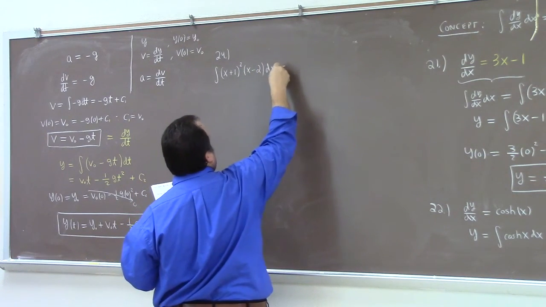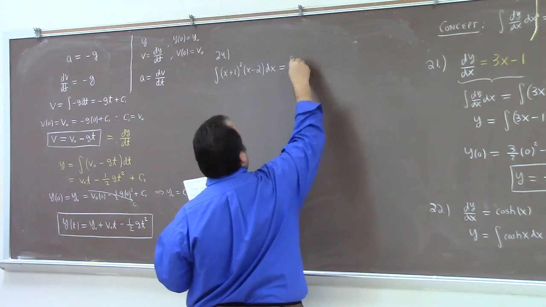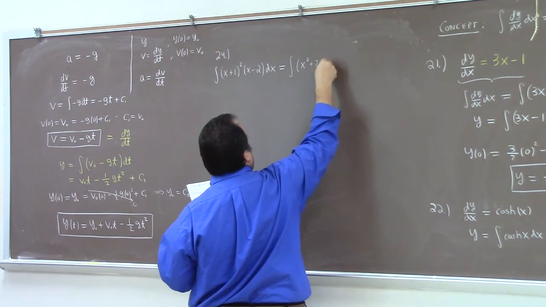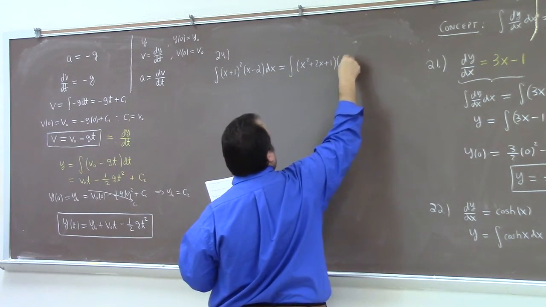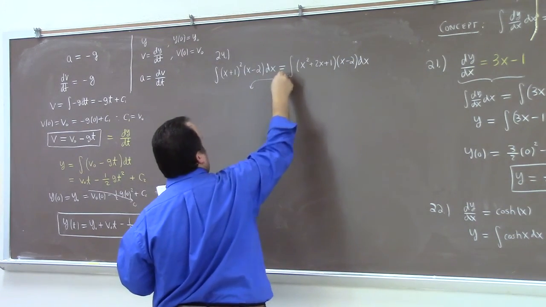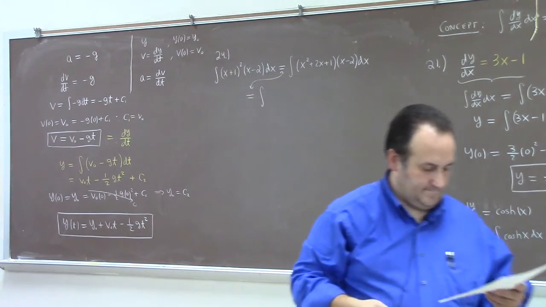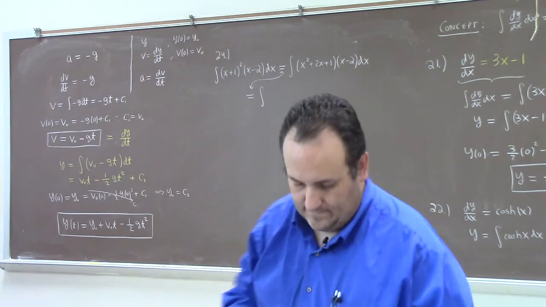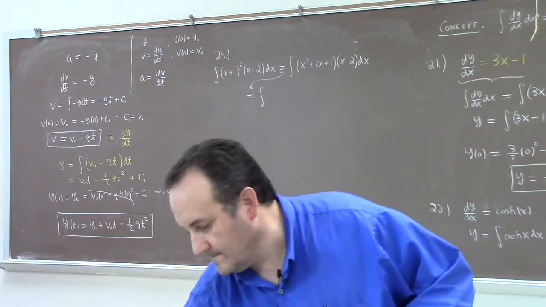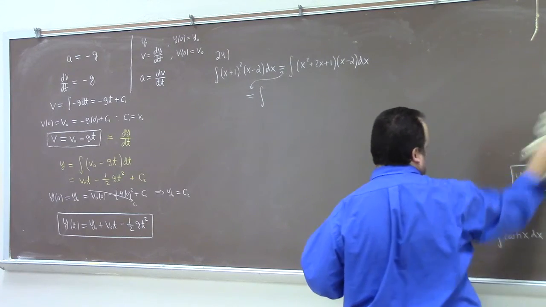What are we going to do here? I guess we should multiply it out. So we use the distributive property, which should give us 6 terms.